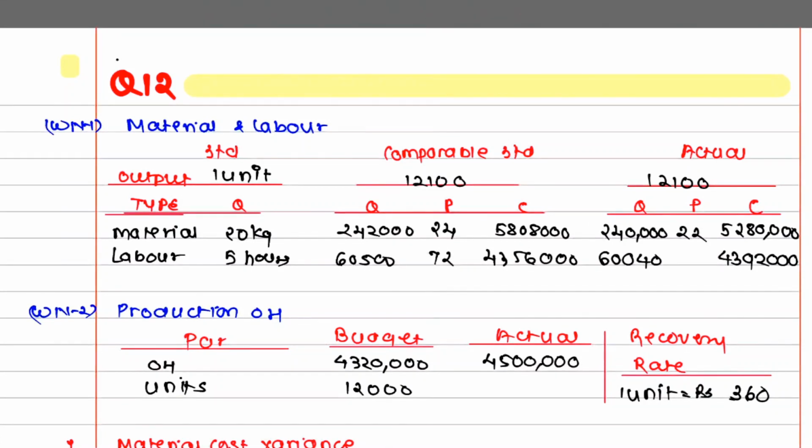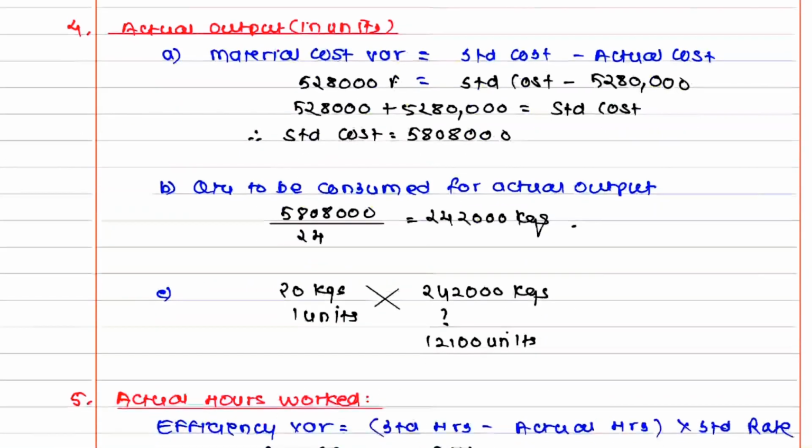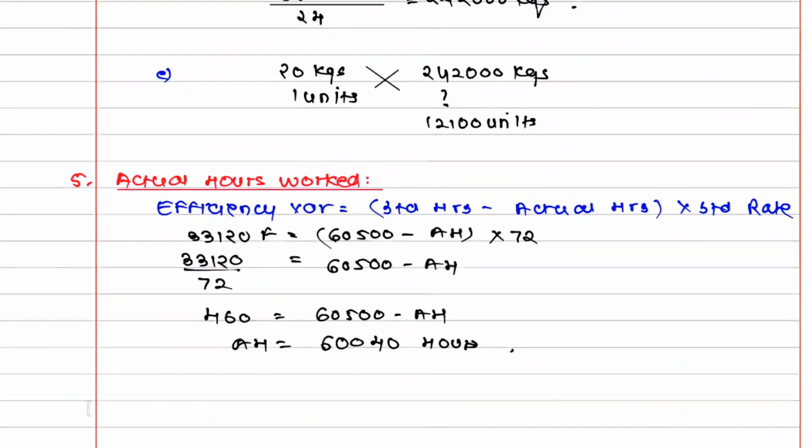Okay, can we get the standard rate? Oh, sorry, actual wage rate. Yes, very easily, right? Are they asking for it first of all? So accordingly, I will write. Yes, actual wage rate they are asking for.